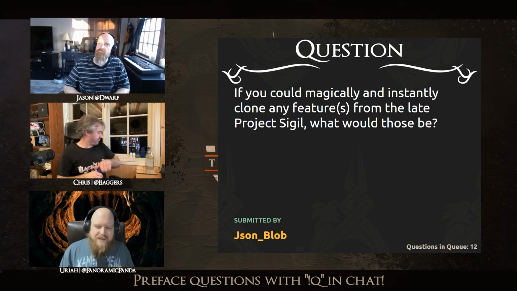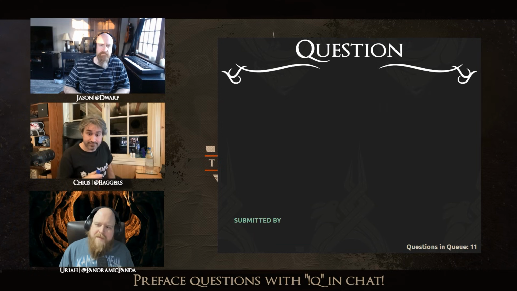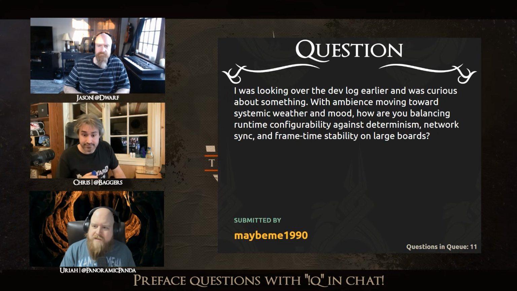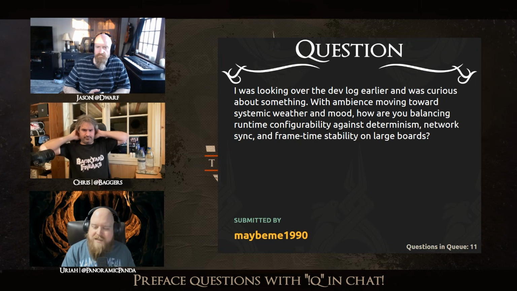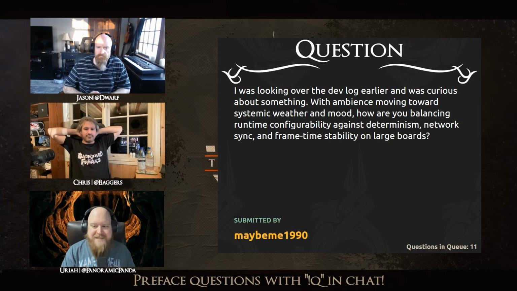Yeah. All right. Maybe Me 1990 asks, I was looking over the devlog earlier and was curious about something. With ambience moving towards systemic weather and mood, how are you balancing runtime configurability against determinism, network sync, and frame time stability on large boards? Hard.